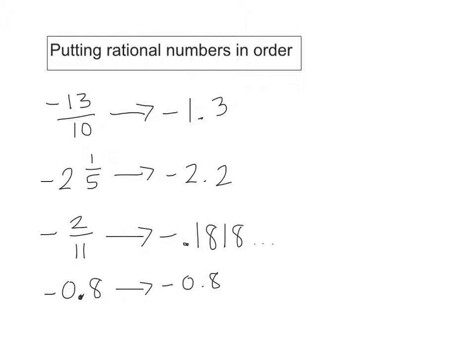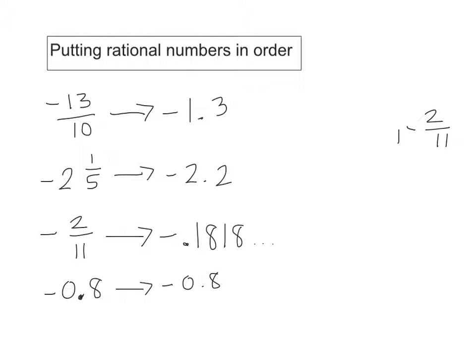Now I can line up the decimal point and I can see that, first of all, these numbers are negative, so the biggest number is actually going to be the one that is closest to 0, which would be -2/11. So I will put that to the left here.